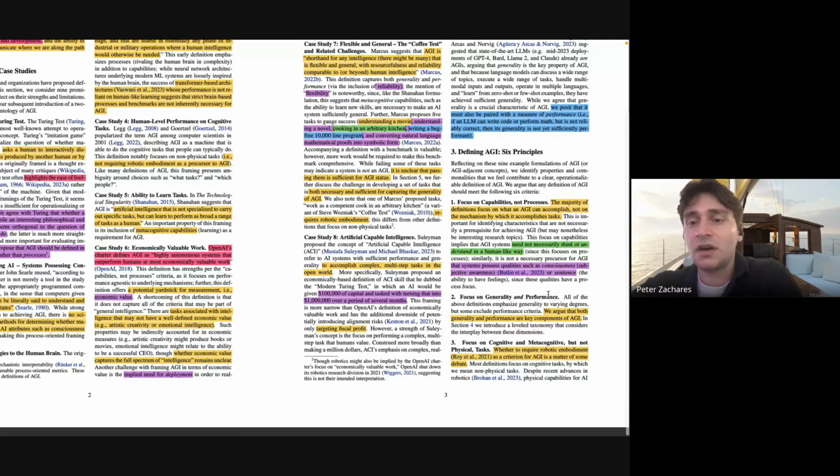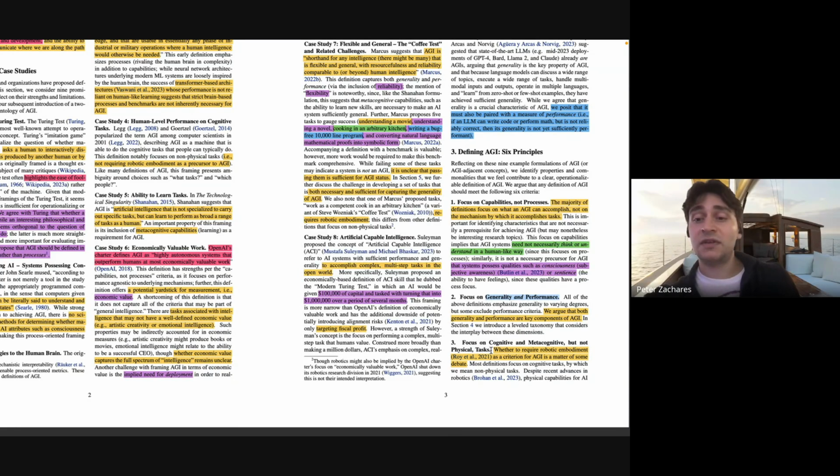Focus on generality and performance. One thing that we've focused on a lot with LLMs is that they can perform a broad range of tasks, but we've kind of ignored at what level of skill they can perform those tasks. So this is arguing that we want it to be able to perform at a very high level on a specific task, but also perform well on a number of tasks.